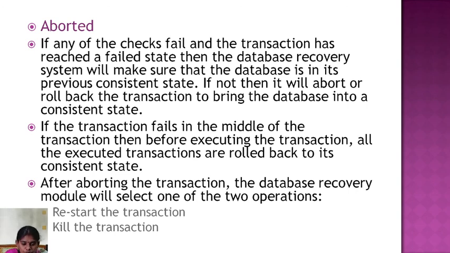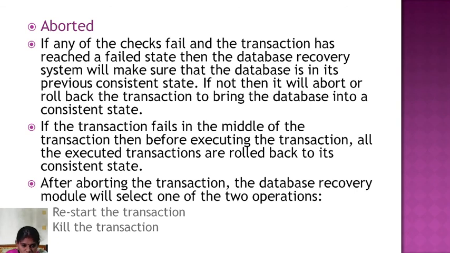That's all. If the transaction fails midway, all executed operations are rolled back. Whether it is partially committed or failed, all transactions made are rolled back and go to the previous consistent state of the database. After aborting the transaction, we have to recover by two operations.